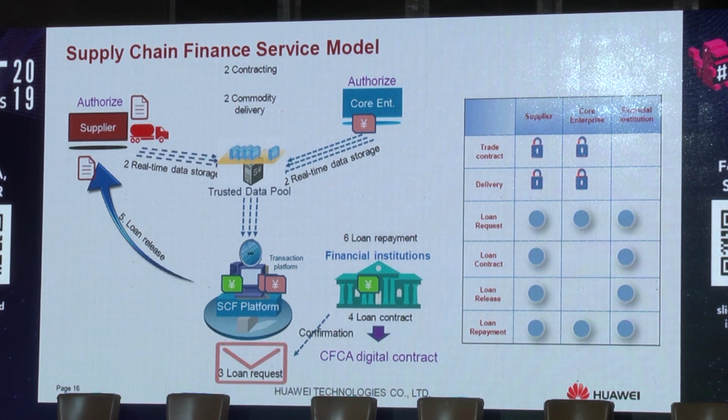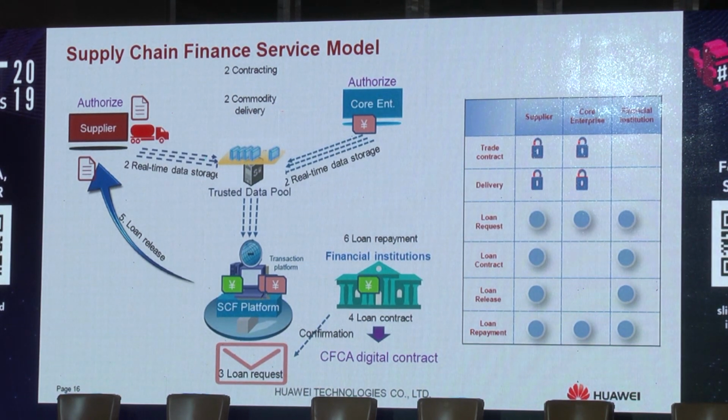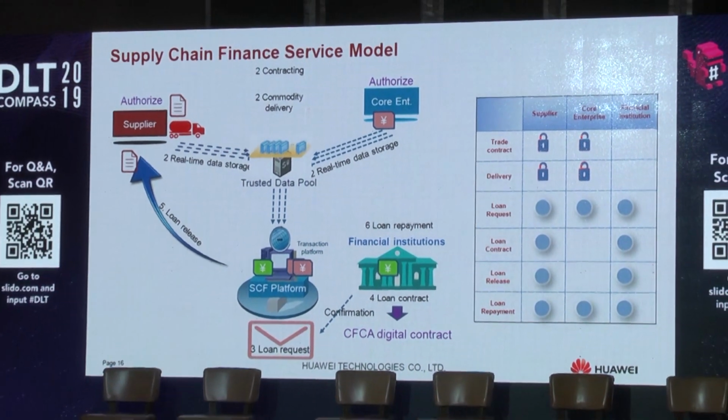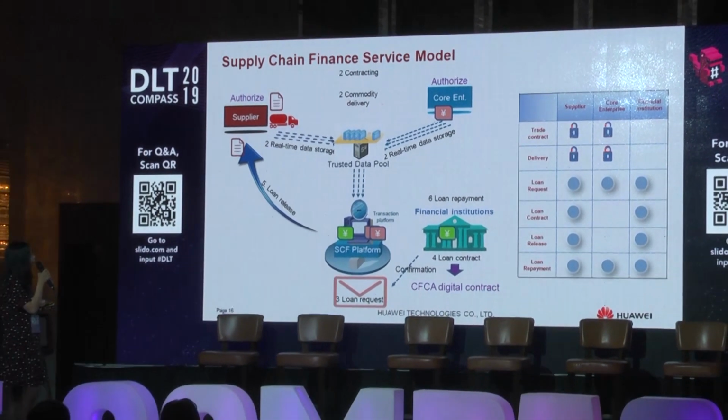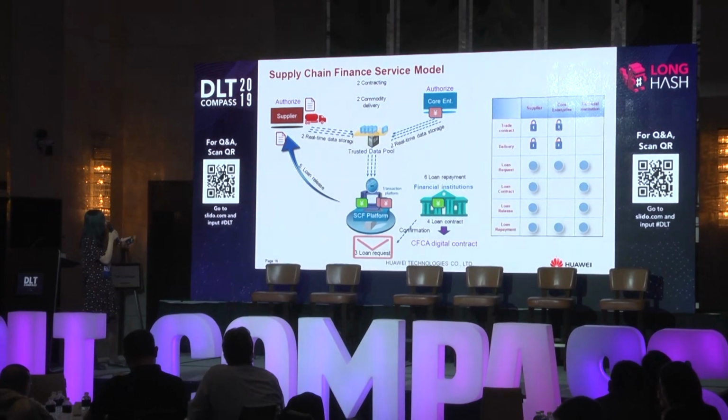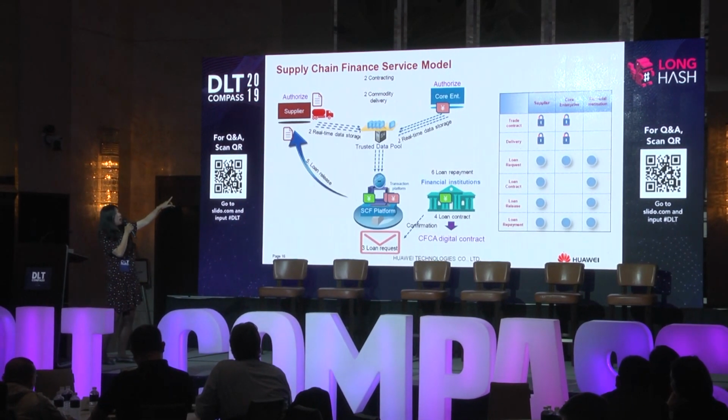So in this table, you can see the top one is which party is involved, what kind of column, what kind of data will be put into the blockchain. So it includes mainly 6 parts. The first one is for the supplier and the core enterprise.